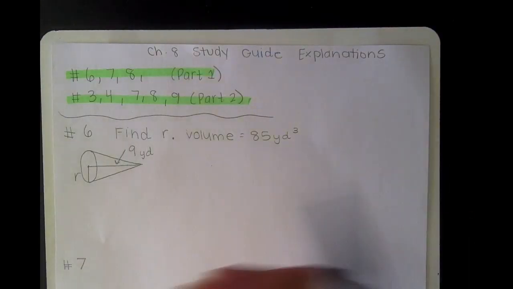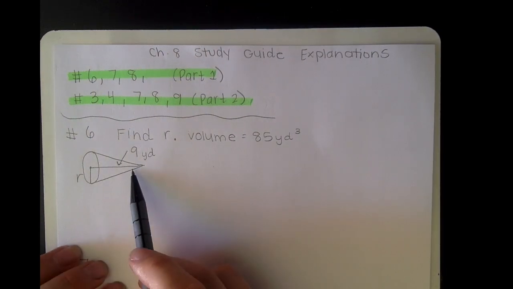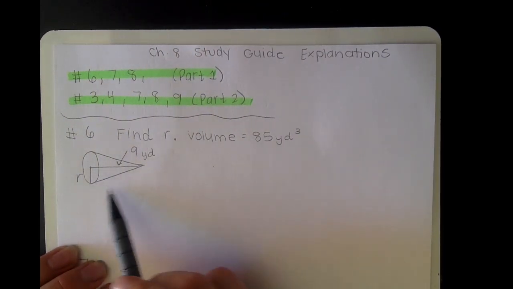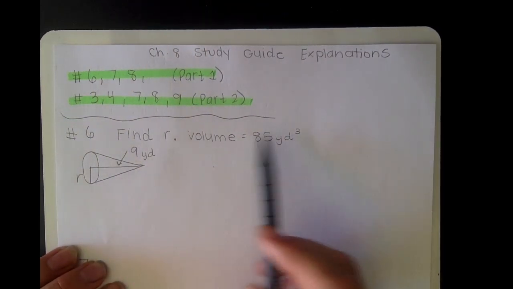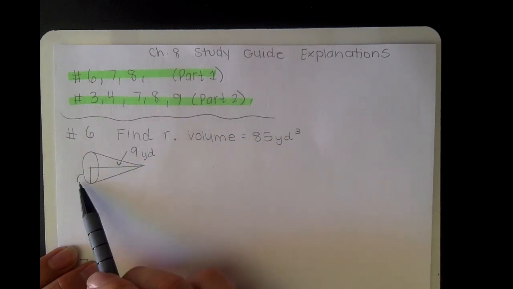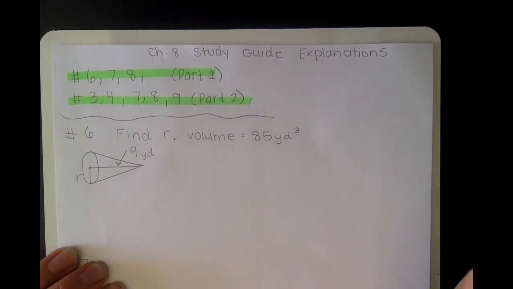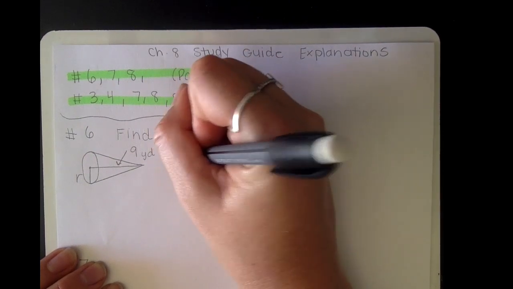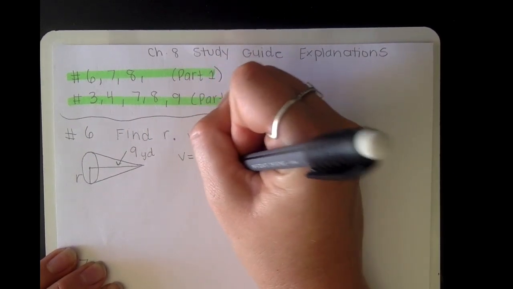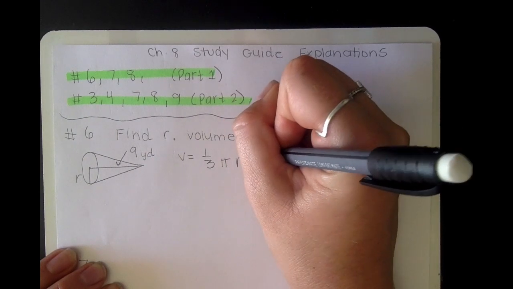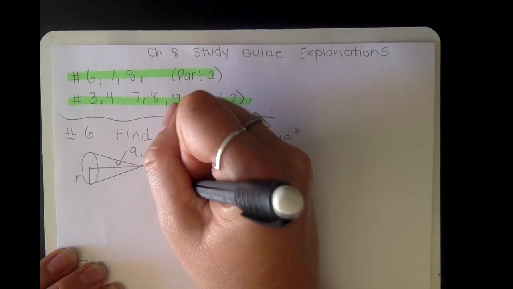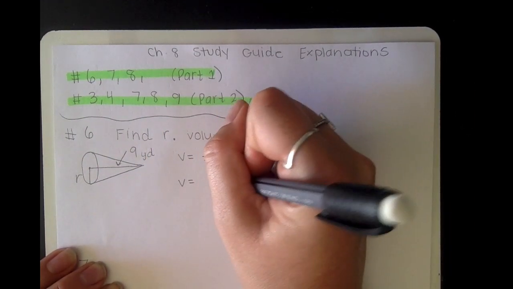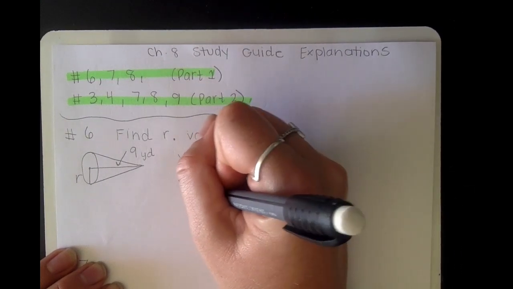So let's go over number 6. You're given that the volume of this cone is 85 yards cubed. You're going to find the radius. So you don't know the radius, but you know the volume. So let's start with what we know. We know it's a cone, and so my volume is going to equal 1/3 of pi r squared times the height. I like to rewrite this as pi times my radius squared times height all over 3.